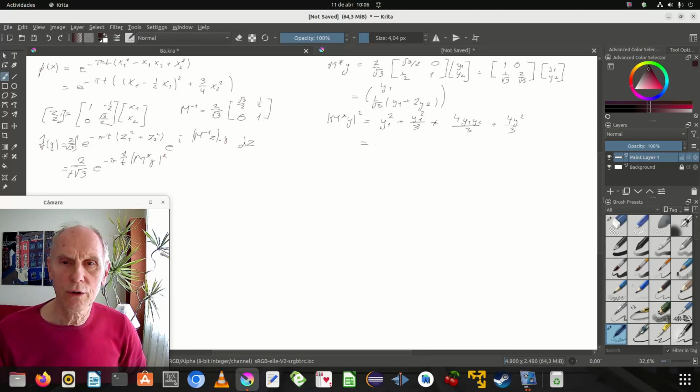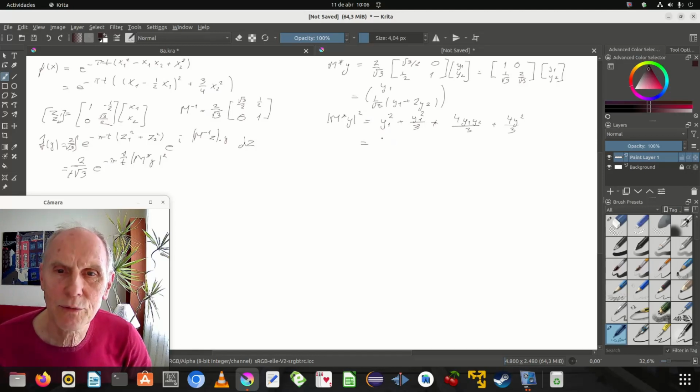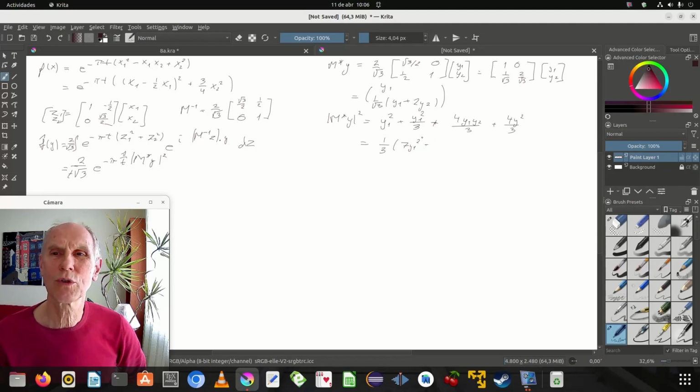So, can this really be right? 3 plus 4, that's 7. Let's take 1/3 outside. 7 y1 squared. It should have been 4, shouldn't it? Plus, oh yeah.